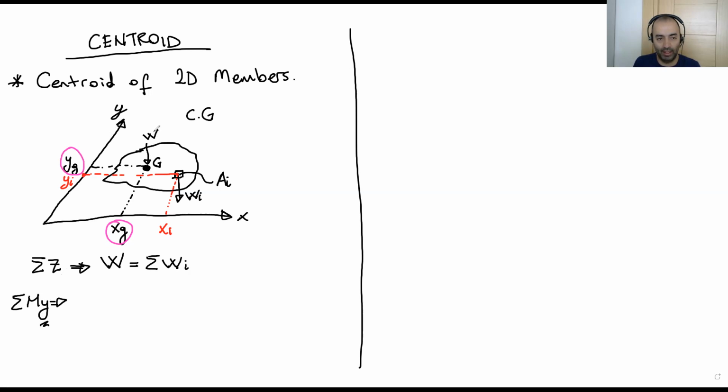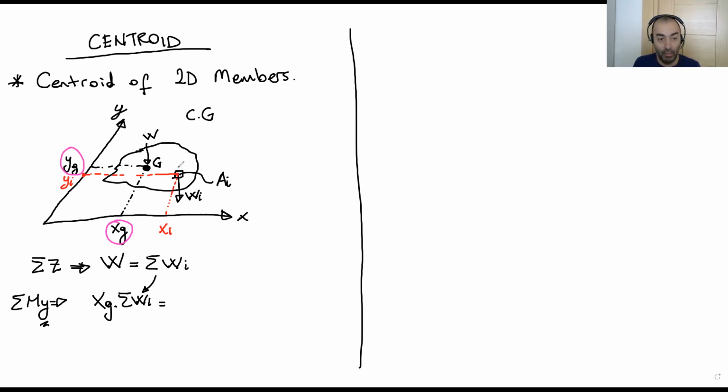The total weight is this, and its distance to y is xg, xg times total weight. Total weight is this, total Wi, right? So I've just calculated the moment around the y-axis. Then, okay, this is the left-hand side, the total moment of the total weight.